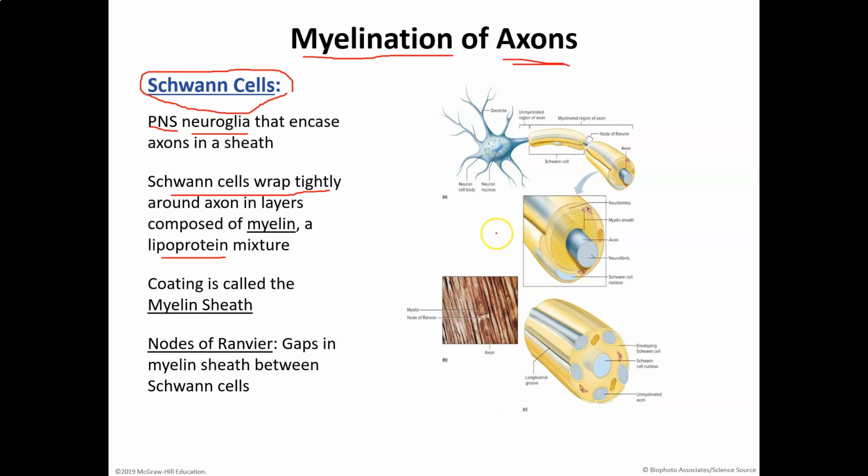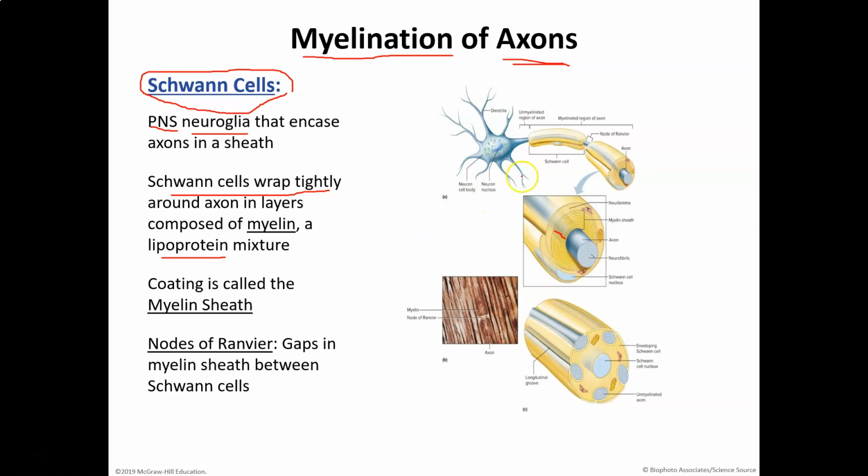Well, here, your axon is covered in myelin. So it's an insulator. The coating is called a myelin sheath. You can see it's wrapped around and around and around. So you have many, many concentric layers of a myelin sheath.